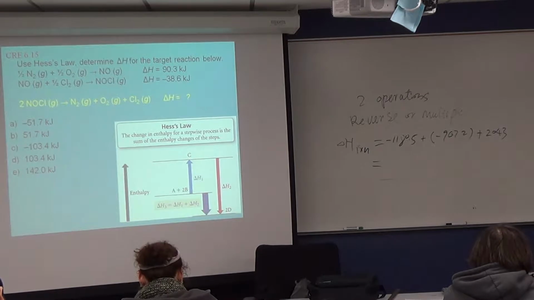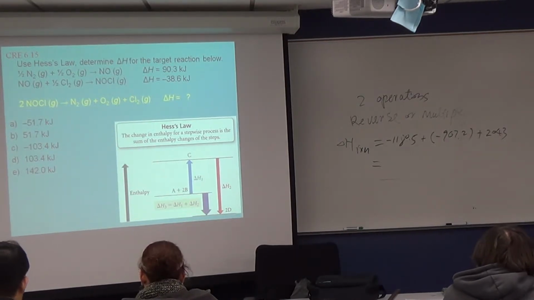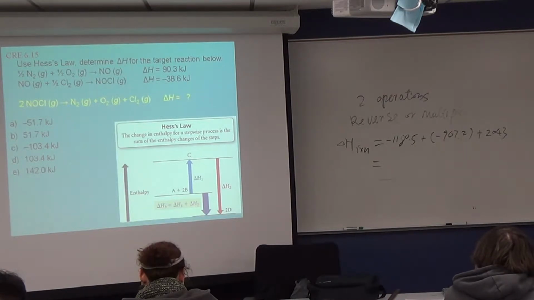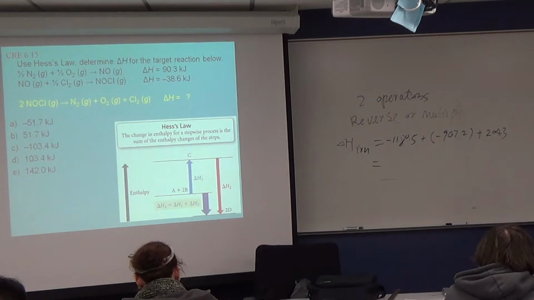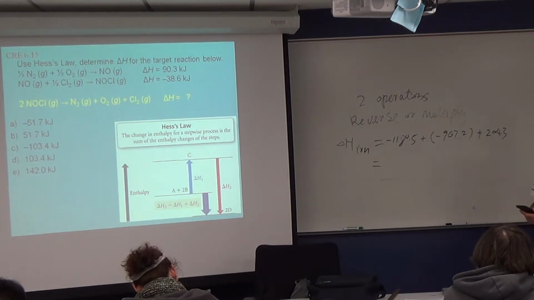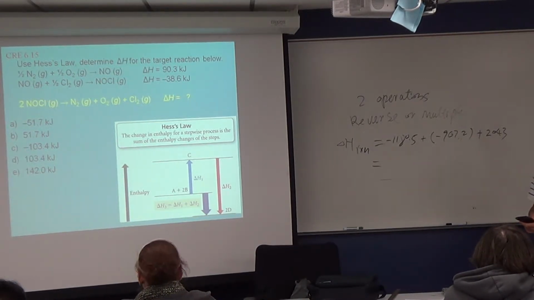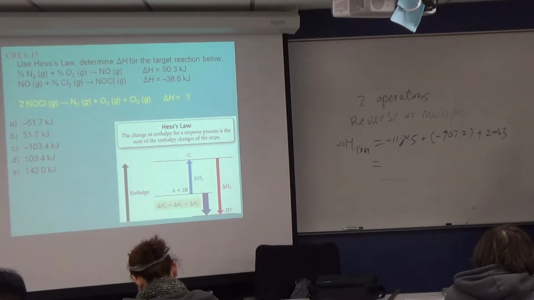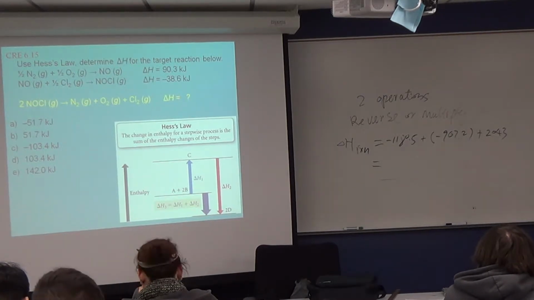Then adding them together. I think that's the approach. I don't know the number. Pretty much 90.3. Yeah. Negative 103.4. Right?